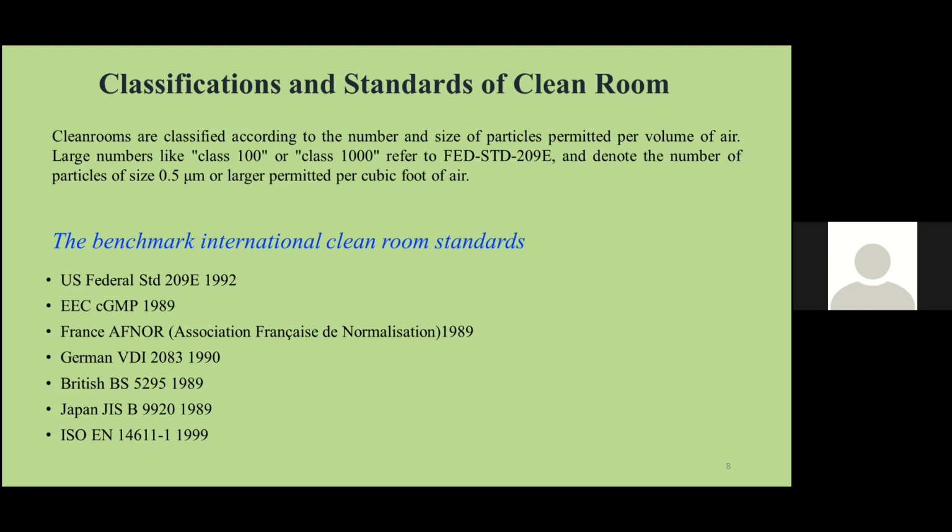Other particles do not contribute much to contamination in the room. Therefore the US federal standard, ISO standard and WHO decided that in a clean room we only measure 0.5 micron to 5 micron particles. Based on that size, we decide the clean room category.